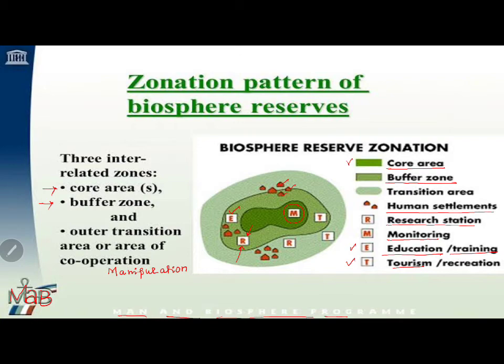I can see one education center and tourism in the buffer zone, and training in the buffer zone, whereas tourism is in the manipulation zone, recreation. You can also go, and you have to abide by the rules of visiting that. You can visit and come without disturbing the zonation pattern and the rules imposed on biosphere. These are the zones of biosphere.